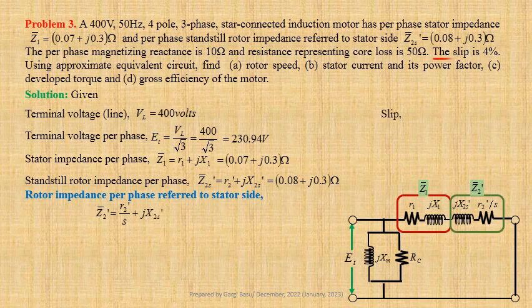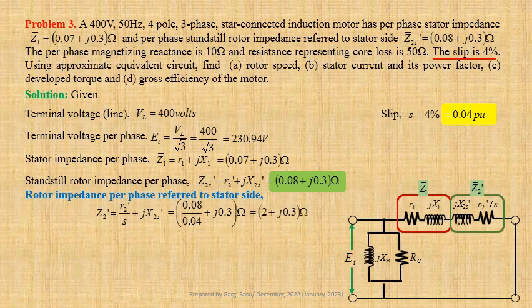Given slip S equals 4%, that is equal to 0.04 per unit. Therefore, Z2' equals 0.08 by 0.04 plus j0.3 ohm. That gives us 2 plus j0.3 ohm.